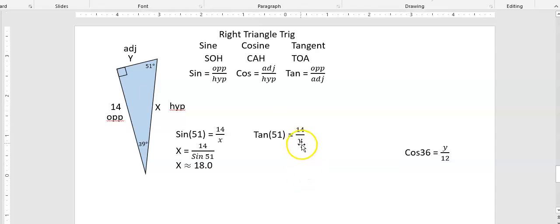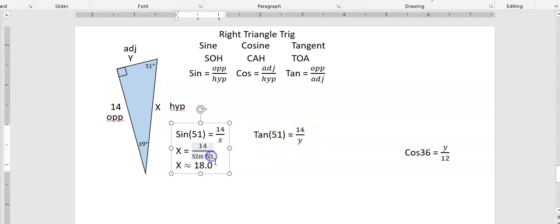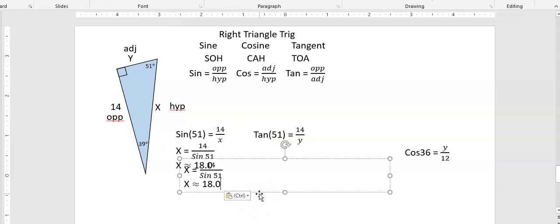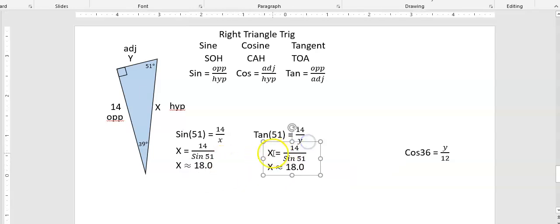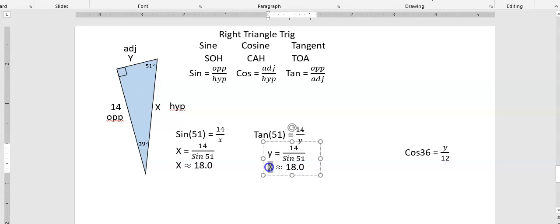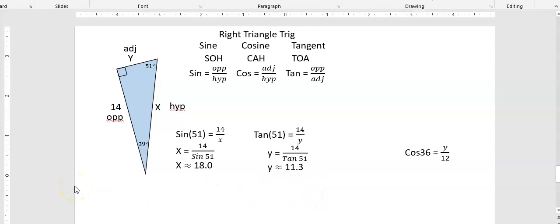When your variable is in the denominator, just flip-flop or trade these two spots. Okay, so it's going to be like this, but we have y's instead of x's. And it's tan instead of sine. So stop the video and go find out what 14 divided by tan 51 is. So now you end up with 11.3.